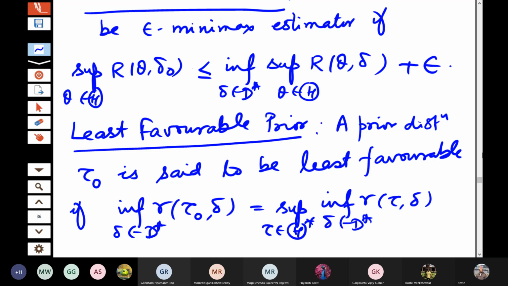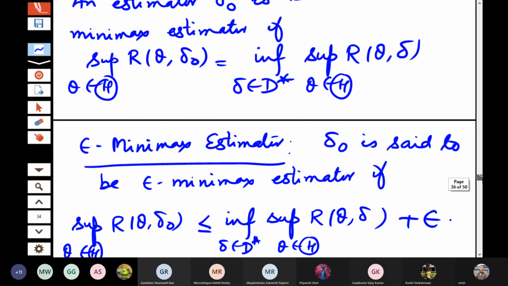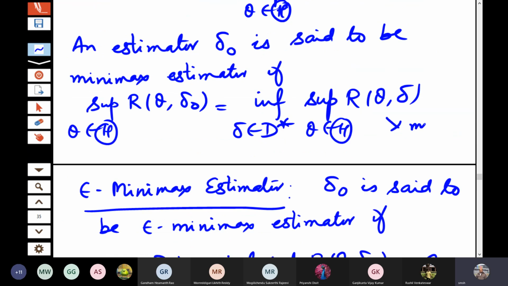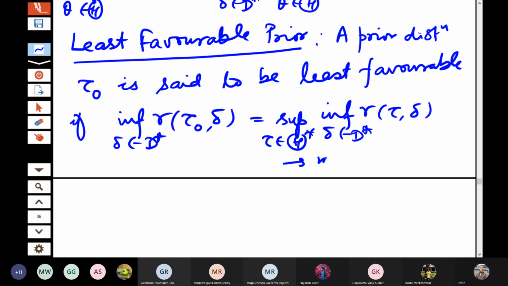So this one is actually called the minimax value. That is the min max, and this is called the max min value. And the game is said to have a value, or the problem is said to have an equilibrium point, if min max is equal to max min.